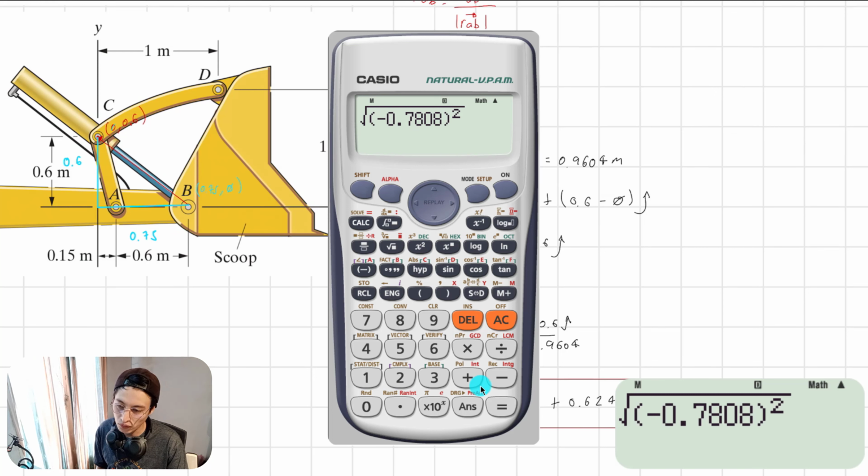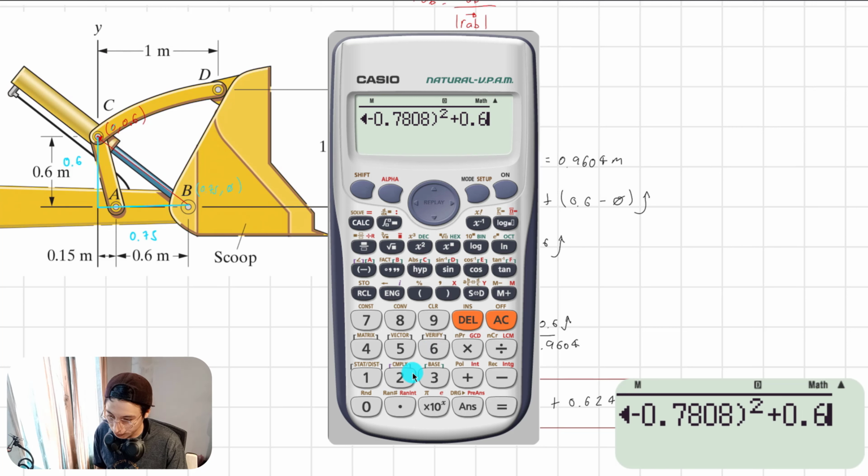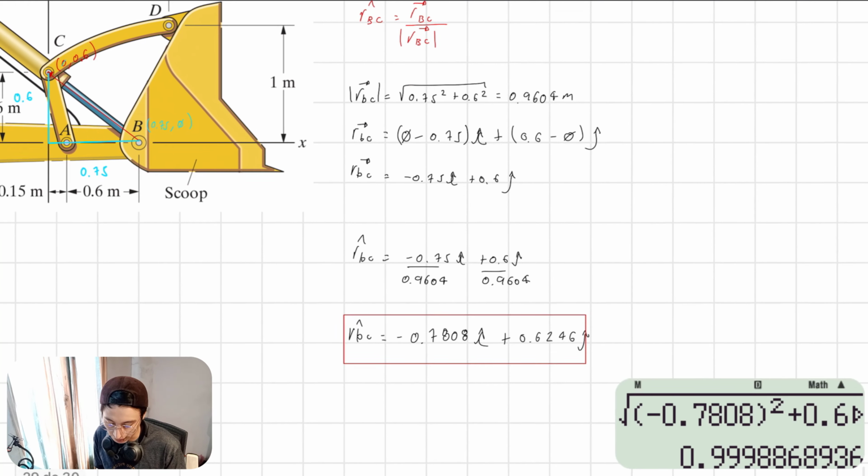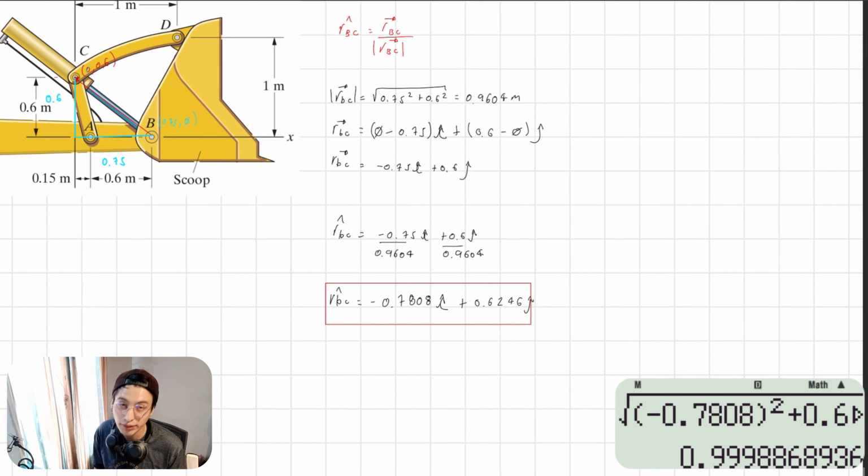So, as I mentioned before, it is not mandatory for us to place that symbol. 0.6246 squared. And as you can see, it is not exactly equal to 1 because I'm missing a lot of decimal numbers after this 8, for example, but it is really close, right? So we can say that it is basically 1.